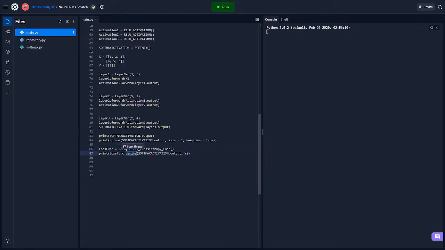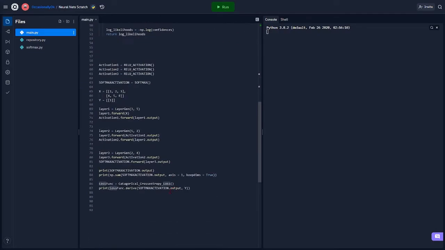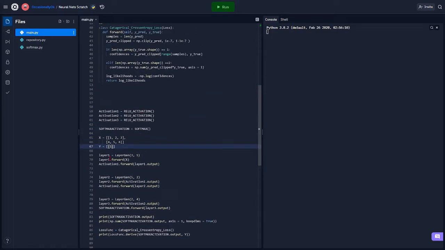We can actually call functions in the loss class because we have it embedded in our second class. So we can run loss function dot derive, and then we'll pass it the softmax activation output, and then we'll pass it y, which is pretty much our one hot encoded vectors. We haven't initialized them to be anything yet, but those are our one hot encoded vectors.